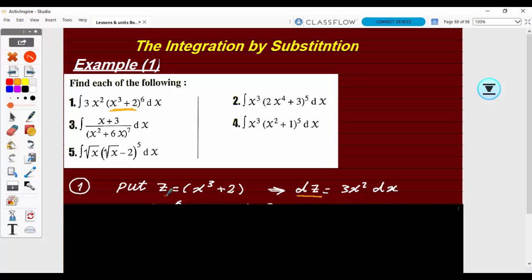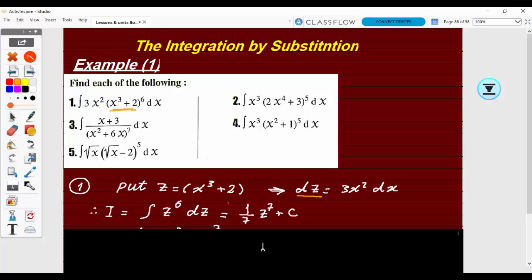Then we substitute z and dz in the first form. So we have I equals the integral of z^6 dz, because x^3 + 2 is z, and dz equals 3x squared dx.